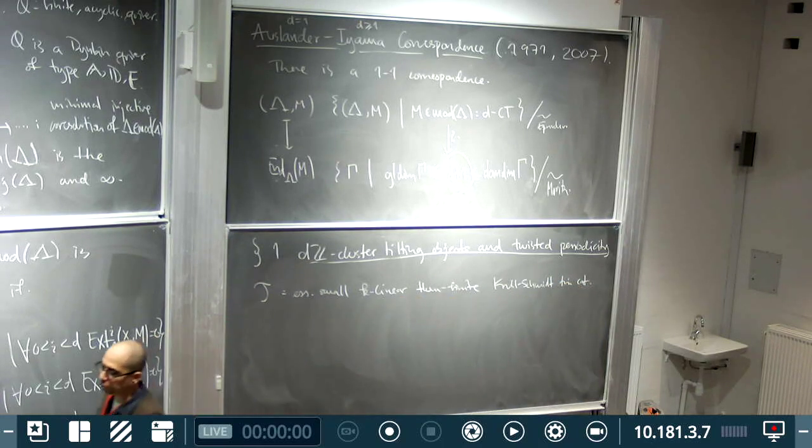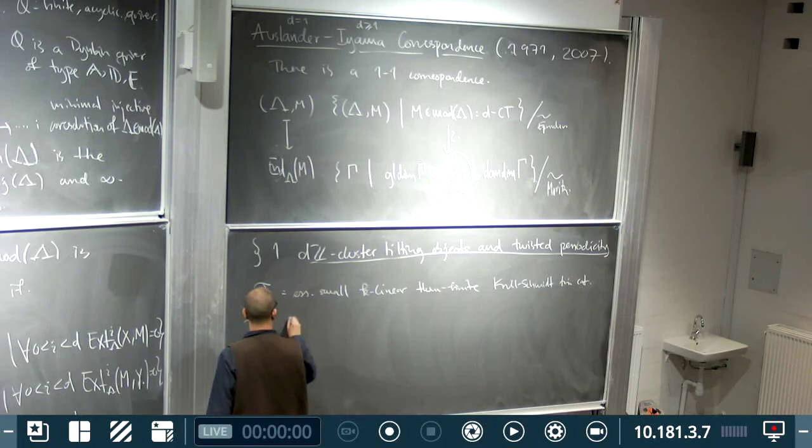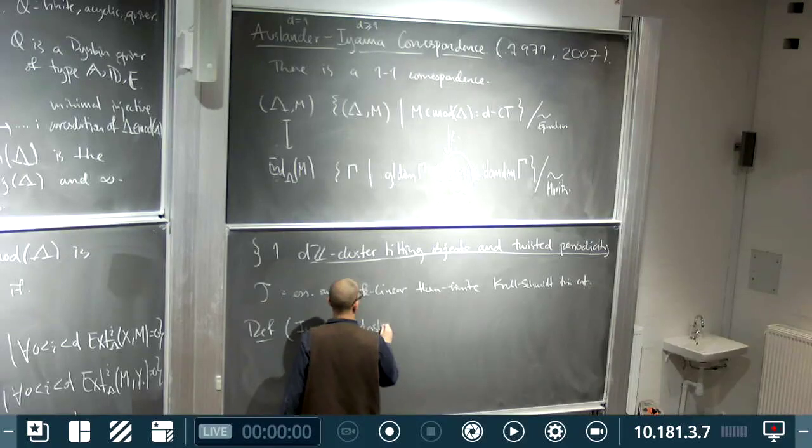And I'm going to introduce a straightforward generalization of the concept of cluster tilting module that will turn out to be a classical generator of this category. This definition is due to Iyama and Yoshino.